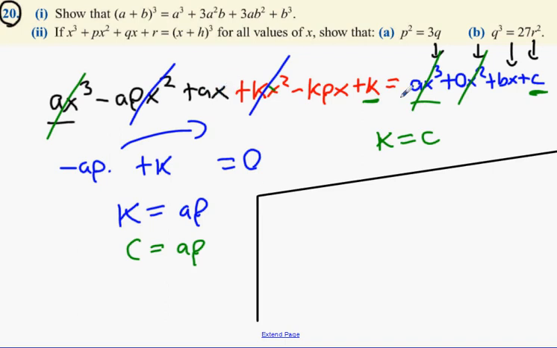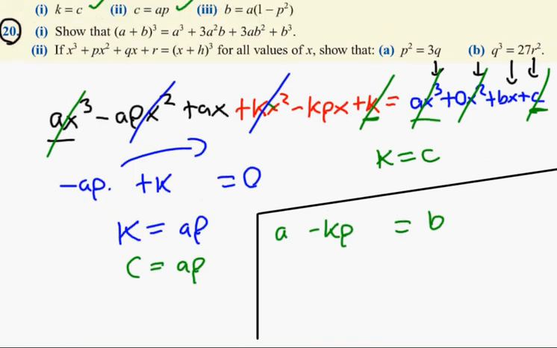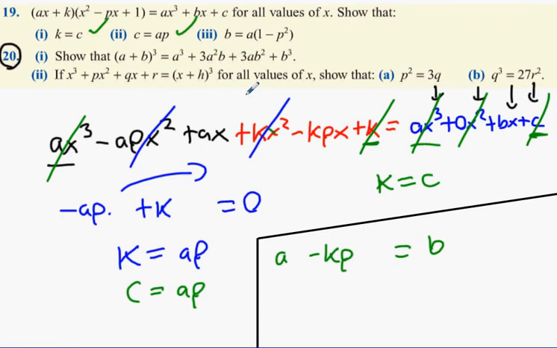What ones have x on the left-hand side? ax minus kpx, and then that equals bx. Cancel the x's. And what are we left with? A minus kp equals b. Now look at it really, really closely, guys.